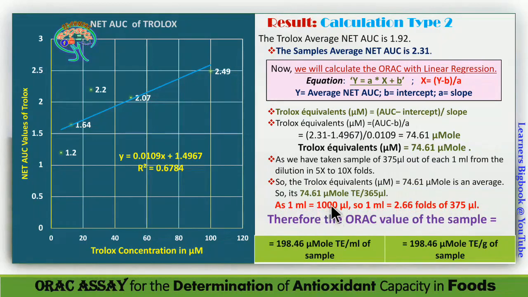So 1000 microliters will have 2.66 times of the 375 microliters. So 74.61 will be multiplied, and this will be the value of 198.46 micromoles of Trolox equivalent per ml of sample and per gram. So this is how it will be.